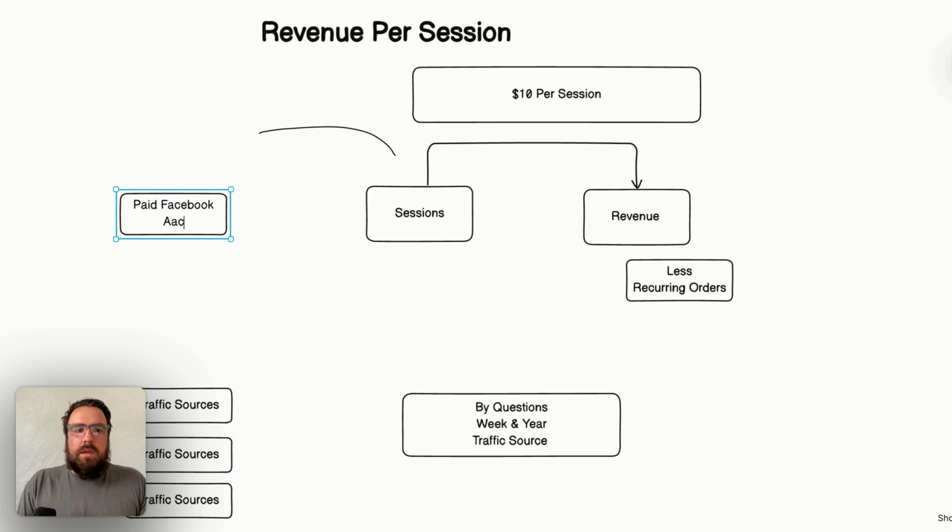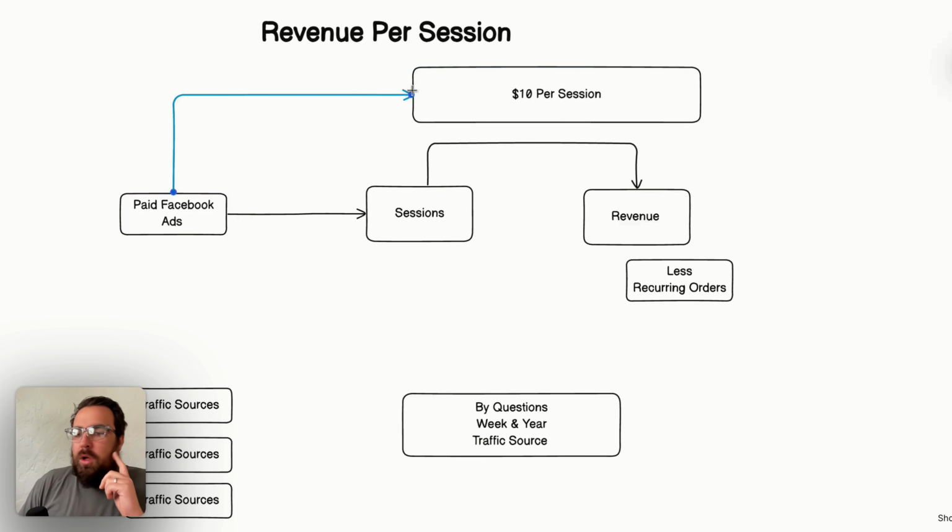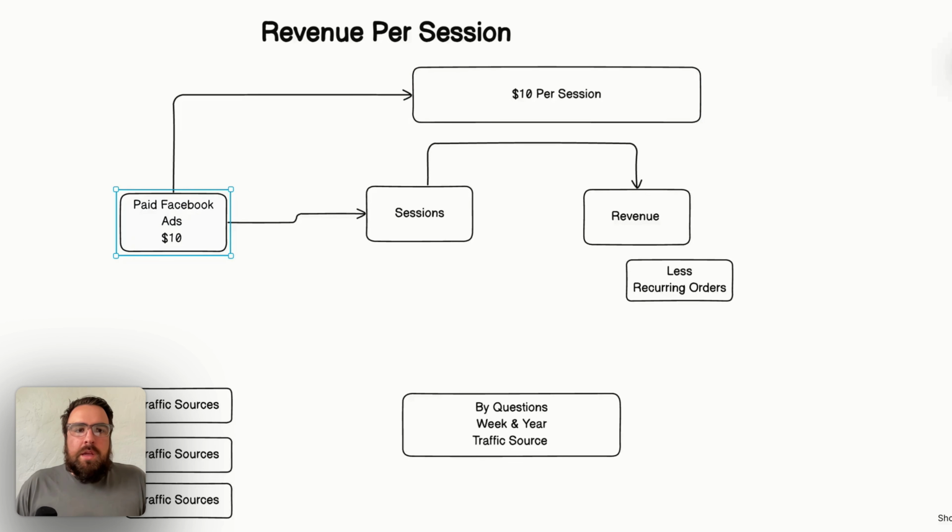All right. So we know we're spending money and we can drive a revenue per session. And if we can maintain a revenue per session that is fairly consistent over a period of time, say our revenue per session is $10 for Facebook ads, which if you do have that, awesome, good on you.